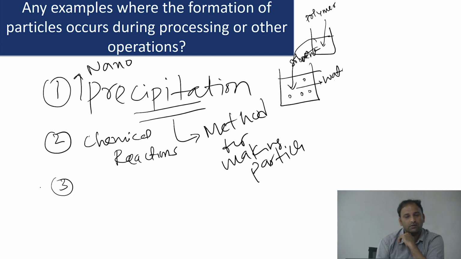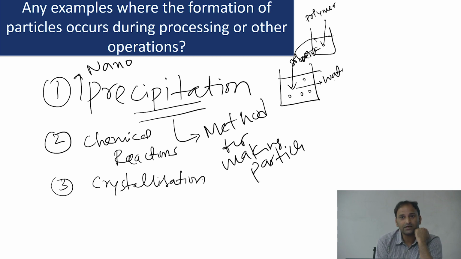Any other thing? Something that all of you know? Crystallization, right? Crystallization, again, is another process where, whenever there's a homogeneous fluid, if you create some sort of supersaturation, there's going to be nucleation of particles and stuff like that, right?